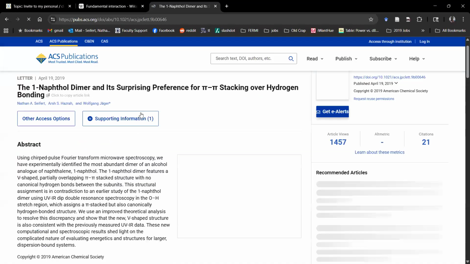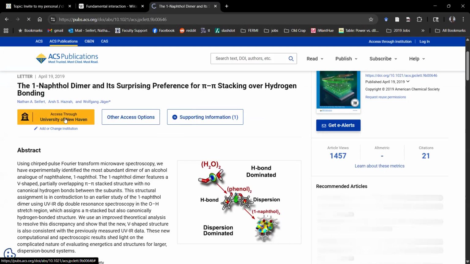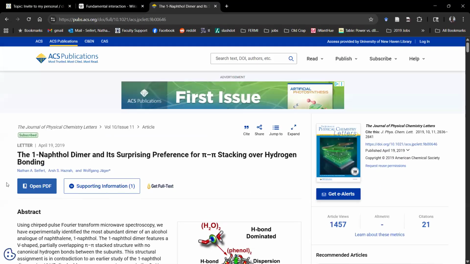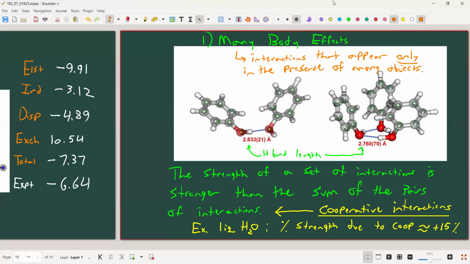So I published this in the Journal of Physical Chemistry about 6 years ago. And one of the things that we thought, well, what I originally thought was going to happen was that we get something that looks like this, but you have another ring. Basically, they would come in together, but the two oxygens would still be bonded together. It's kind of like you get a little more stacking.